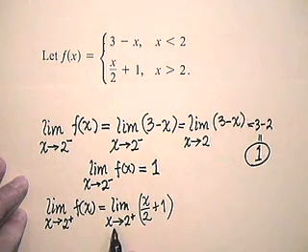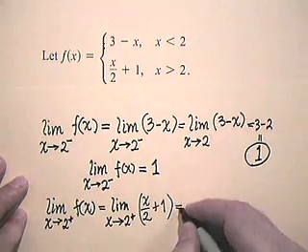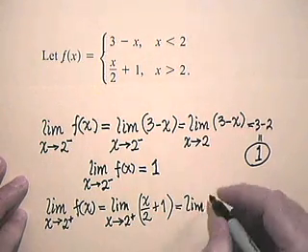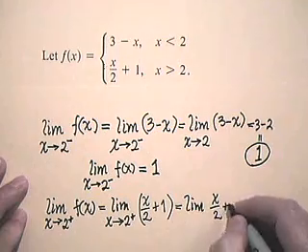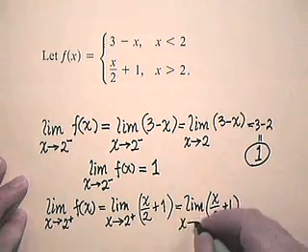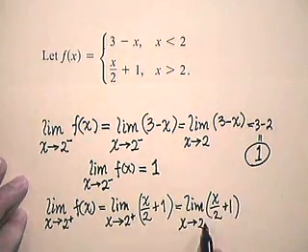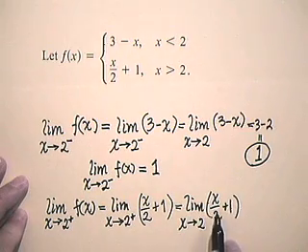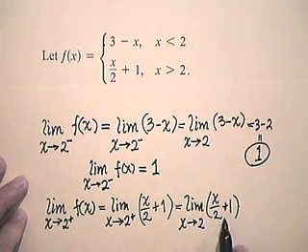In particular, this right-hand limit has to equal the two-sided limit of the expression x over 2 plus 1. So now I can remove the little superscript plus sign, and now I see how to take the limit of that expression easily.